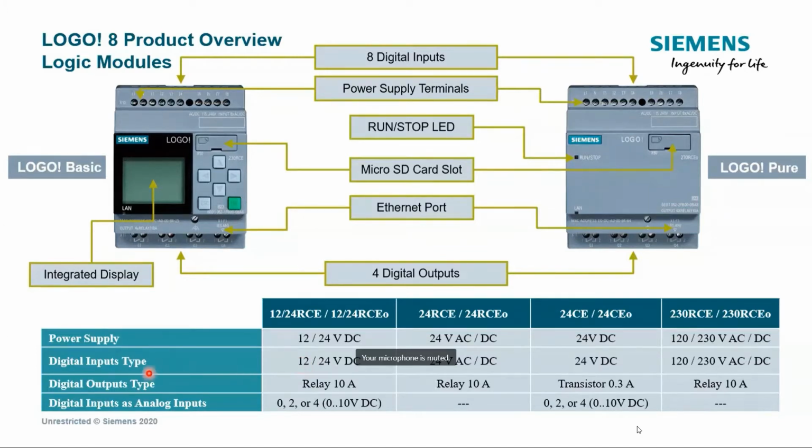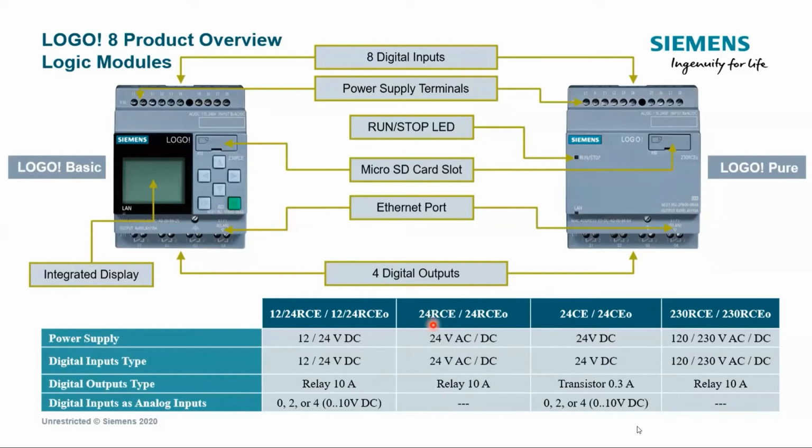So if you are using 12, then you must use the same power supply to supply the digital input loops. If it is 24, you use 24. And digital outputs are relay type with a 10 amp rating.